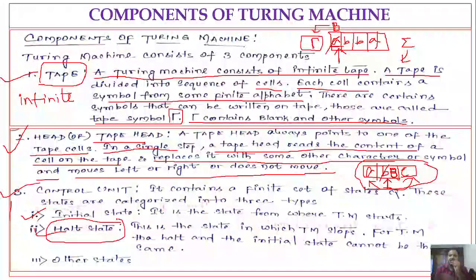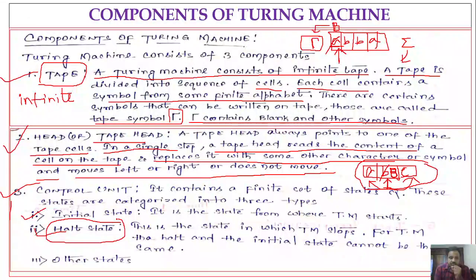It is not a new thing: every automaton has one initial state from where it starts its execution.